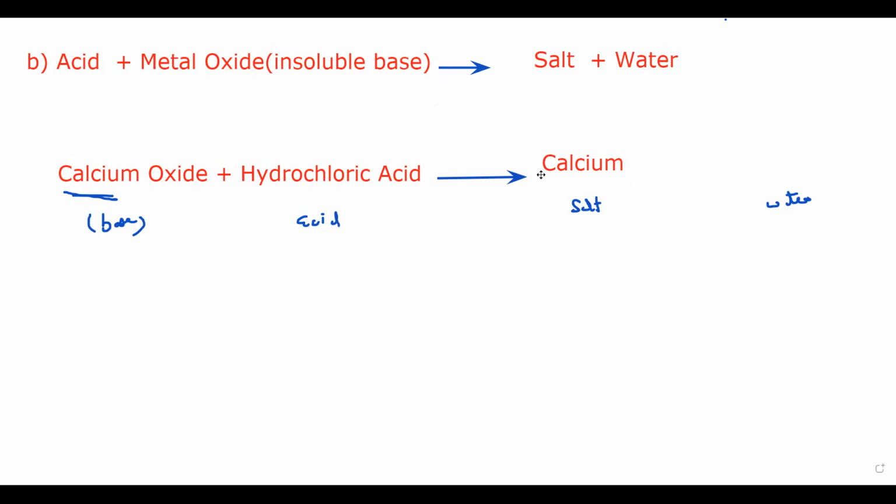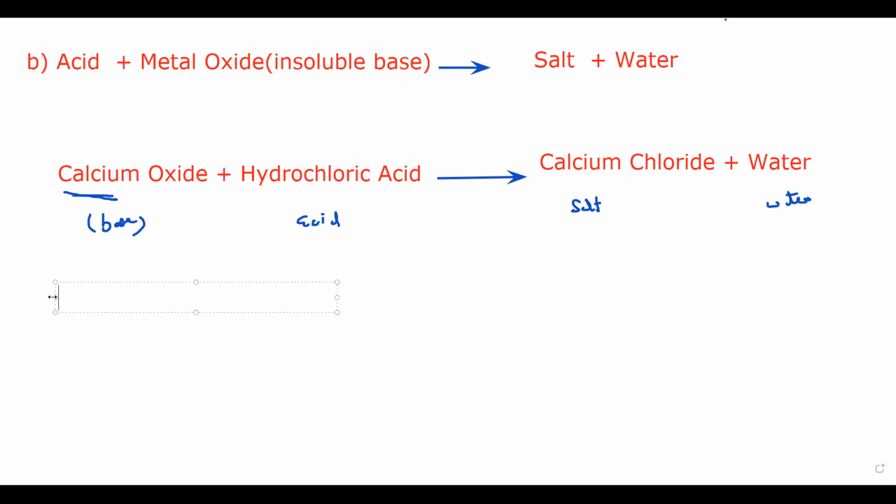So the resultant salt will be calcium chloride plus water. So acid plus metal oxide or metal oxide plus acid, the result will always be a metal, the salt will be there plus water.